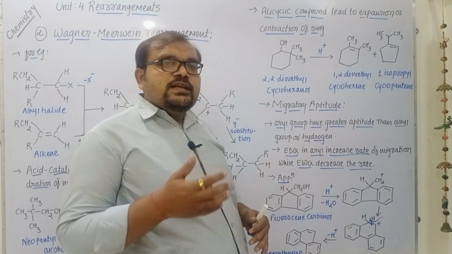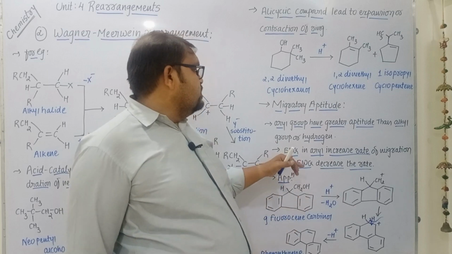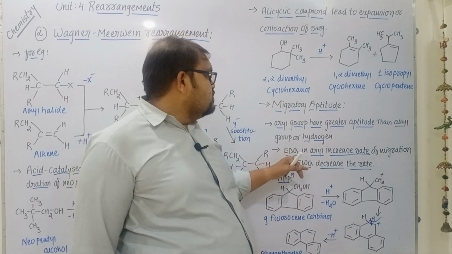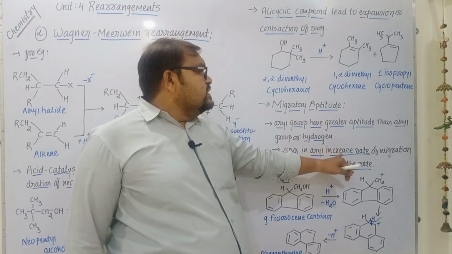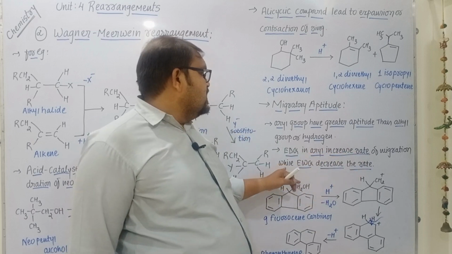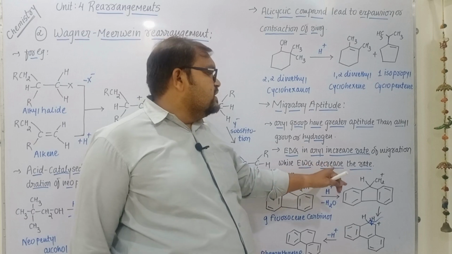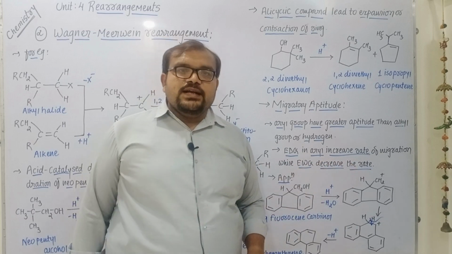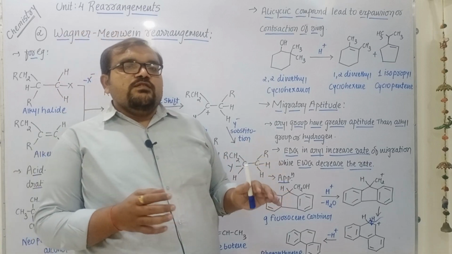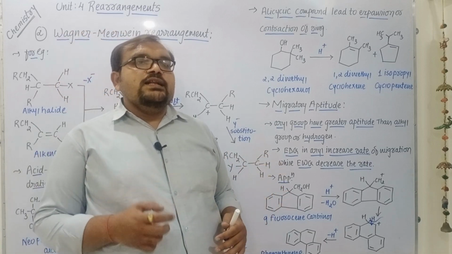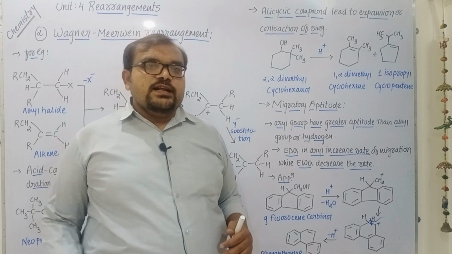And particularly in the case of aryl, what will happen? When there is an electron donating group on the aryl, it will increase the rate of migration, while an electron withdrawing group will decrease the rate of migration, right? So this becomes the migratory aptitude when a substituted aryl is there in Wagner-Meerwein.